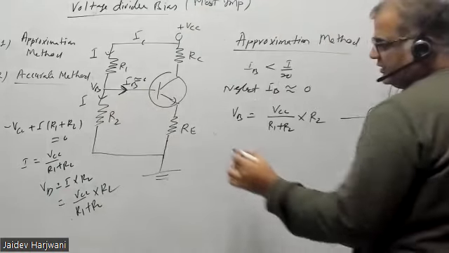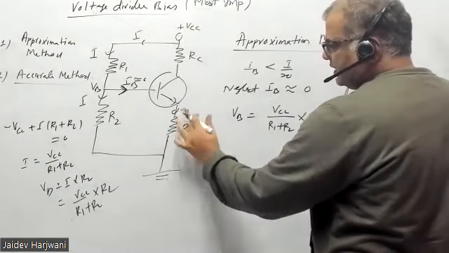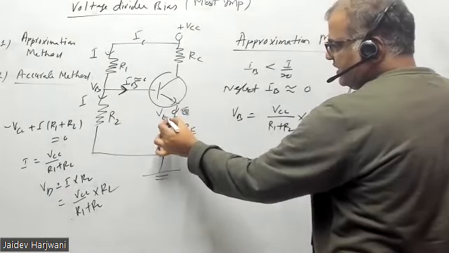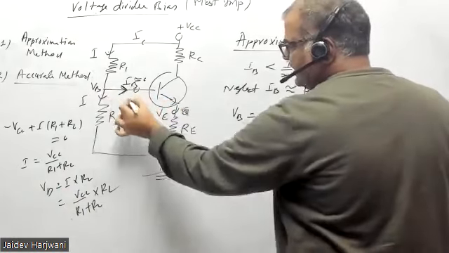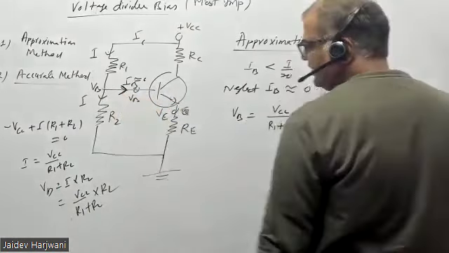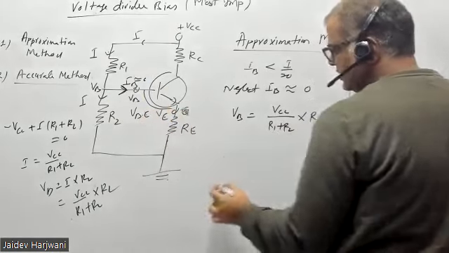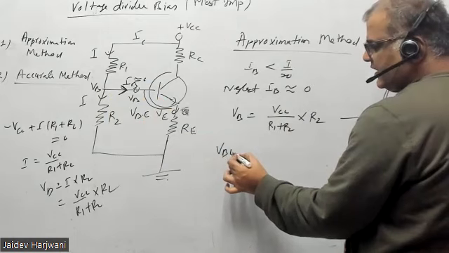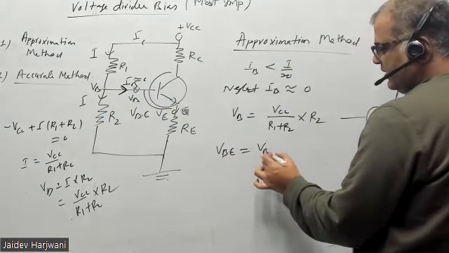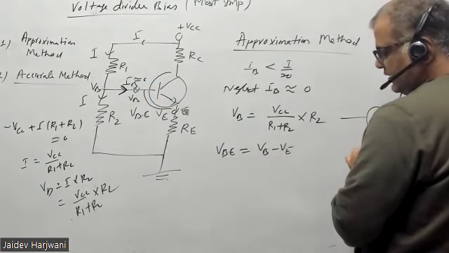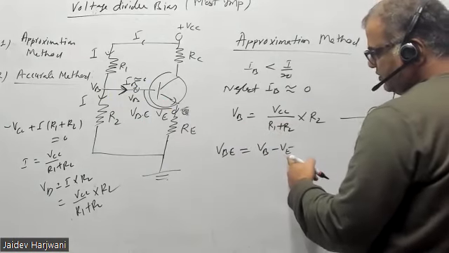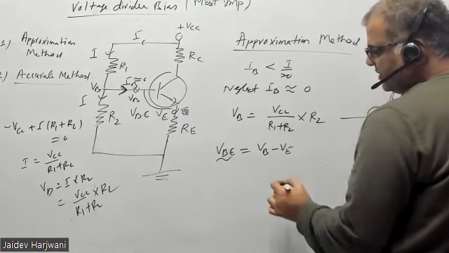This is the emitter, where the voltage is VE. This voltage is VB, and here the voltage drop is VBE. So VBE is VB minus VE. Now VB you know, and VBE you always know, 0.7.